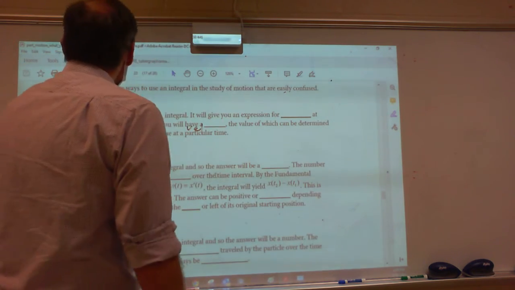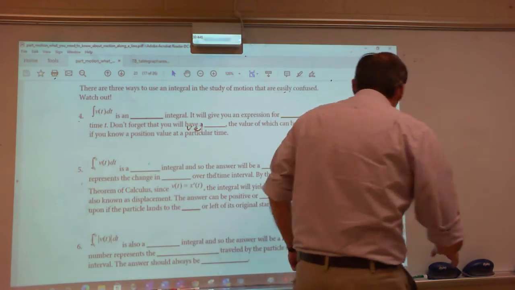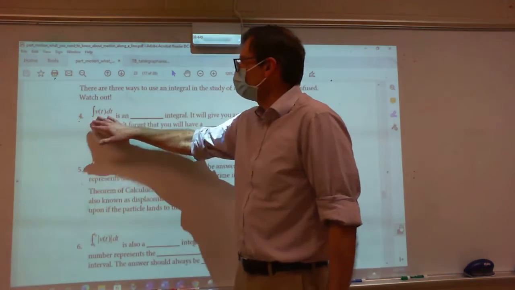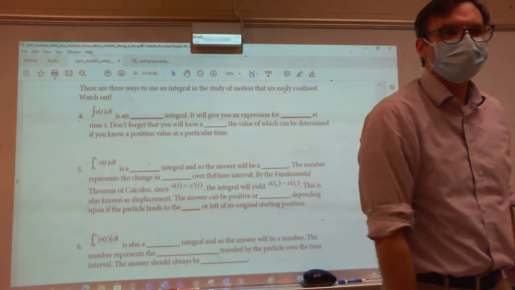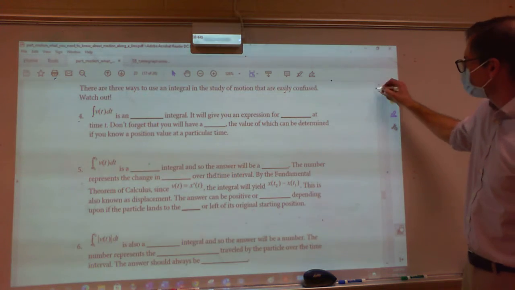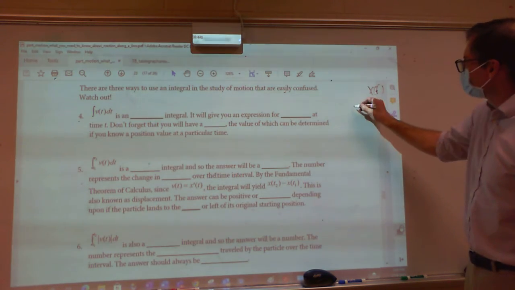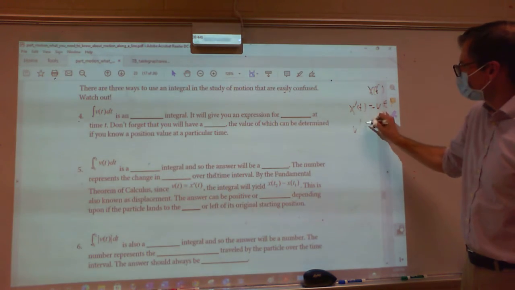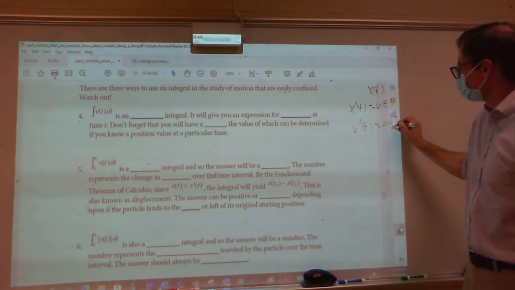All right. So we know this little symbol means antiderivative, right? So if you take the antiderivative of velocity, guess what you get? Remember, let's think about last semester. You had your position, and when you take the derivative of the position, you get your velocity. You take the derivative of velocity, you get acceleration.